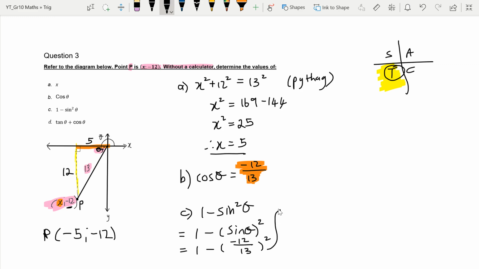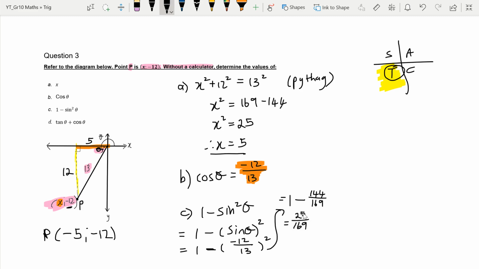Let me just carry on over here. So then it would be 1 minus, and then if we square that, it will become 144 over 169. And then if we simplify that further, it would be, I believe, 25 over 169.